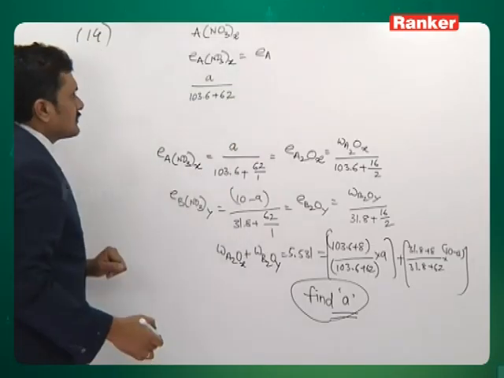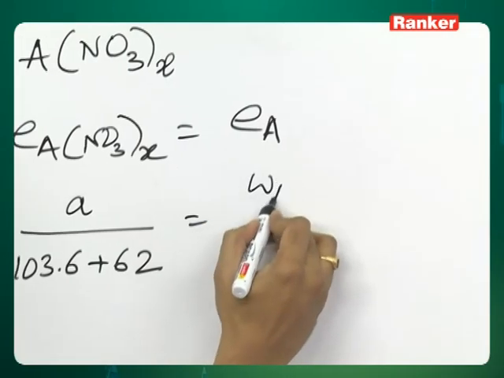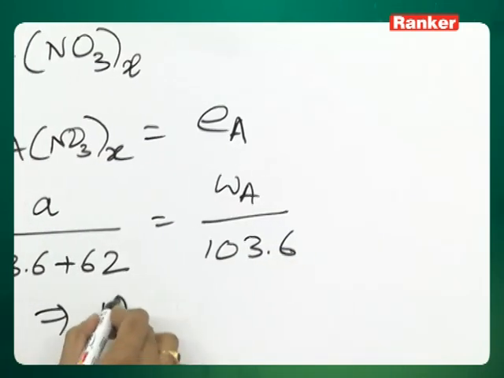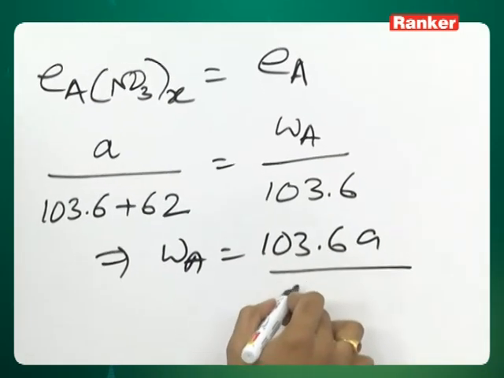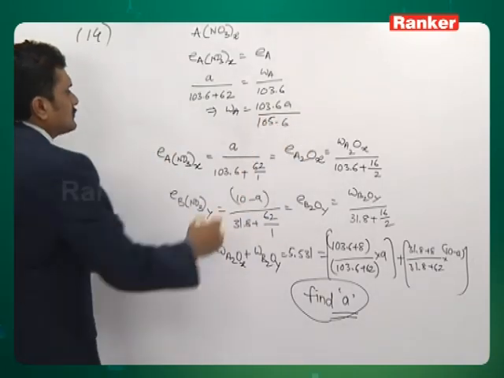These are the gram equivalents of this compound and nothing but the gram equivalents of this substance, which is equal to weight of A divided by equivalent weight of A. Hence weight of A is this many grams you got.